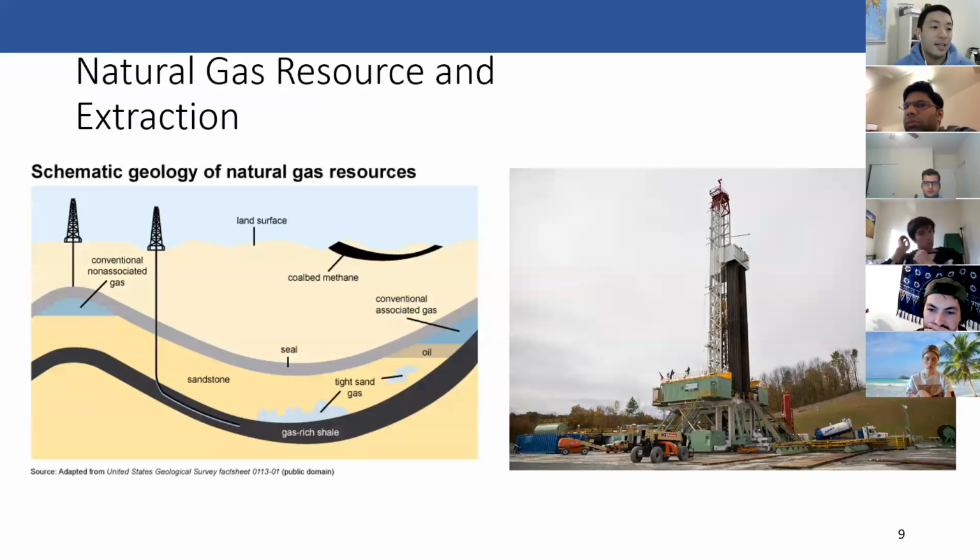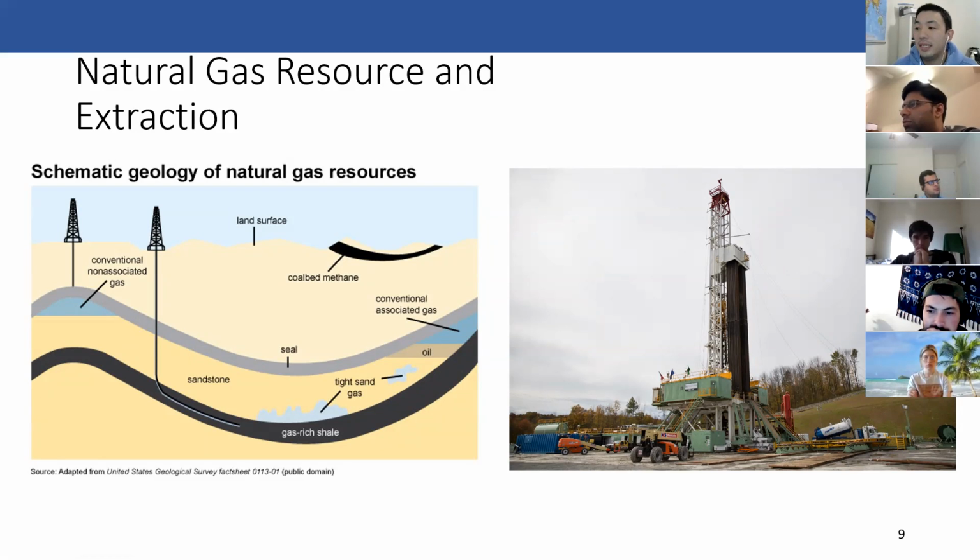For natural gas, this is a more conventional extraction, where in this left one here, you can drill straight down into a pocket of gas and extract all of it. And that type of footprint is actually quite a bit smaller, but can lead to different sorts of environmental damages.